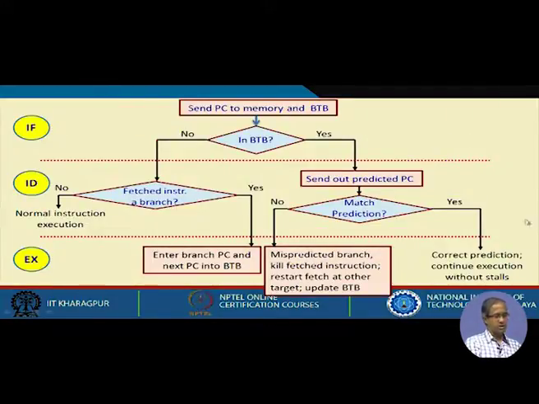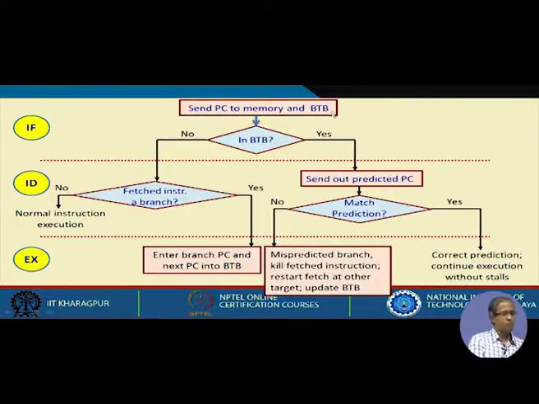This is the flow chart which tells you what happens during the IF stage, what happens during ID, and what happens during EX. During the IF stage, as you can see, you are sending the program counter to memory for fetching the instruction.